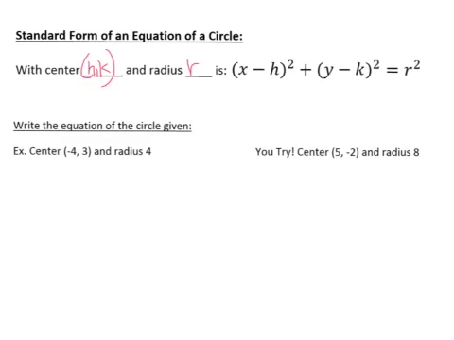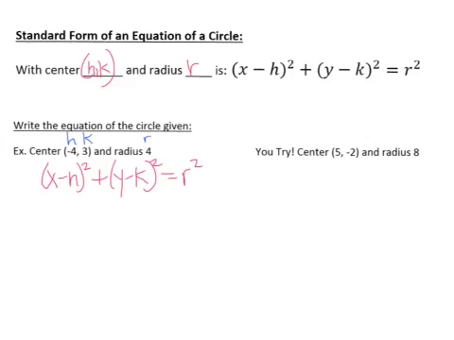To do this, we are going to use our standard form, so I'm going to write it out. (x minus h) squared plus (y minus k) squared equals r squared. And I'm just getting this from what we see up here, our standard form. Now we know the center is (h, k) and our radius is r. So all I have to do is fill this in. I'm going to label this above h comma k, and here's our radius r.